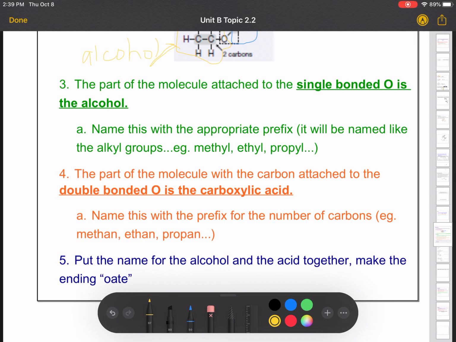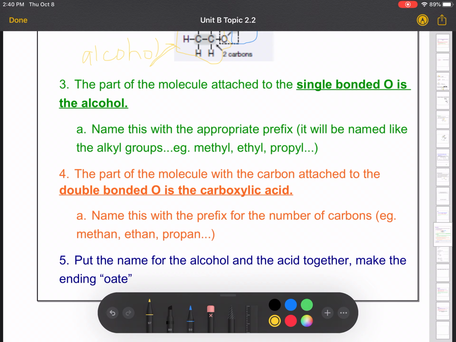So the part of the molecule attached to the single bonded O is the alcohol. We name this with the appropriate prefix. So it will be named like an alkyl group. So methyl, ethyl, propyl, that sort of thing. And the part of the molecule that's the carbon attached to the double bonded O is the carboxylic acid, and we will name this with the prefix for the number of carbons.